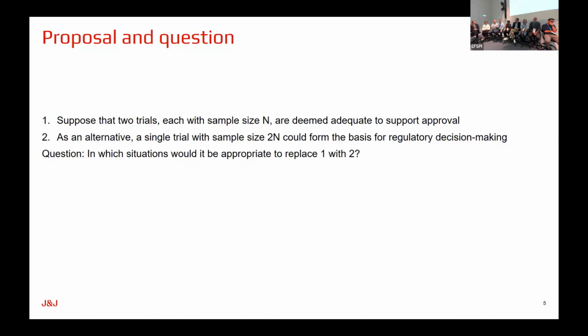One thing that I have observed in applications with single pivotal trials over the last years is that when you run into some sort of signal from subgroups, it's going to be very hard to decide whether the signal, if it is of a size that matters for benefit-risk, is credible and plausible or not. And the tools that we have for this are clinical or biological plausibility and replication.